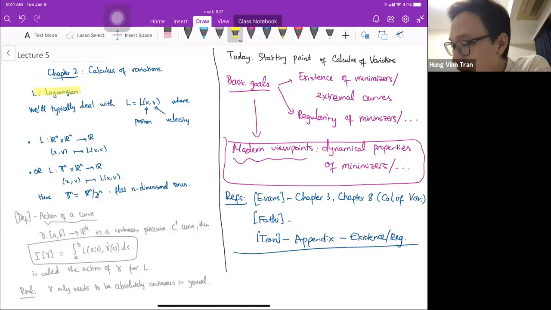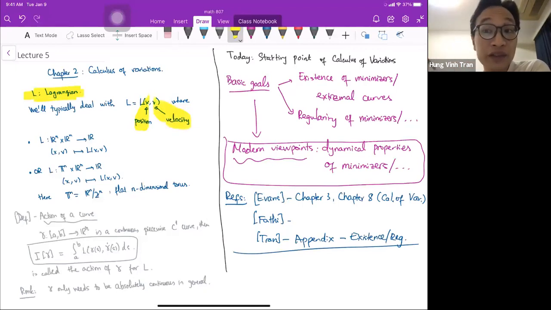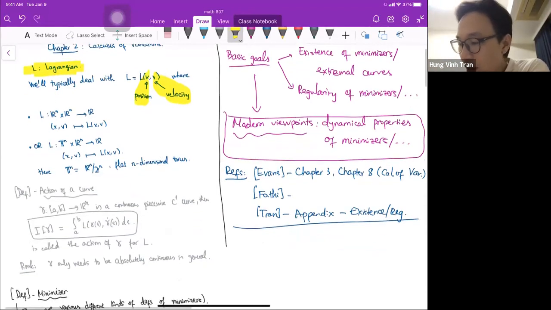Again, we recall that this is a Lagrangian, and x represents positions and v represents velocity. Of course, you can see that we are only dealing with curves here. For general calculus of variations problems, it could be functions or vector-valued functions. Here, we only deal with curves.